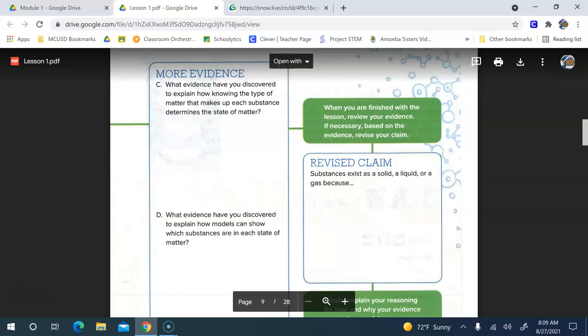For instance, hydrogen and oxygen appear naturally as gases, but when they're combined, they form a liquid, water. So different substances, when combined, can change the state of matter. That's what you need to put in this blank.